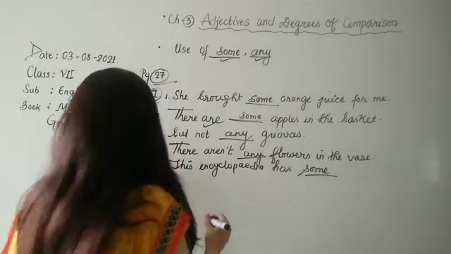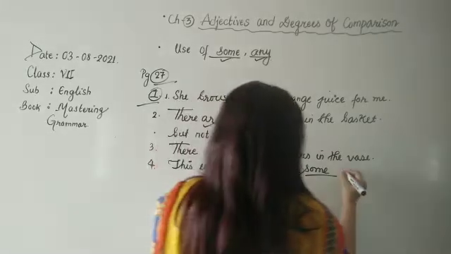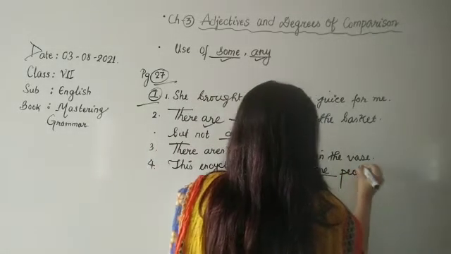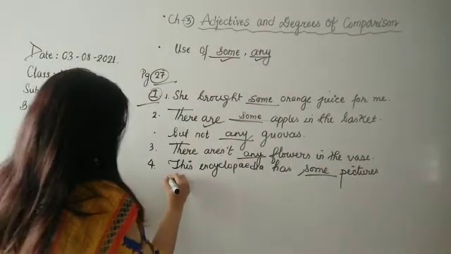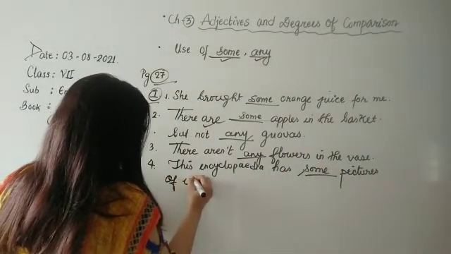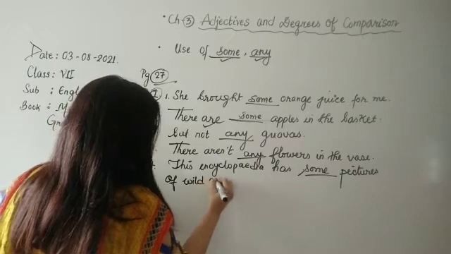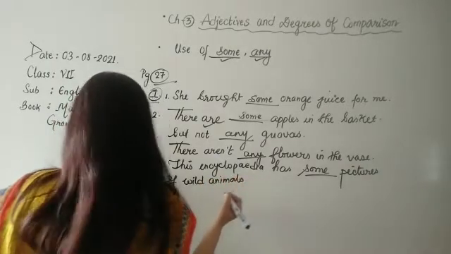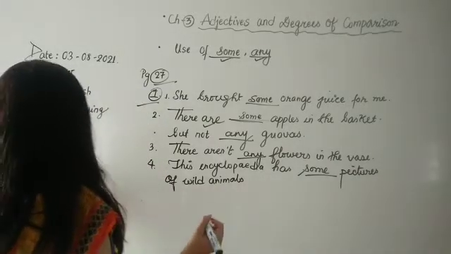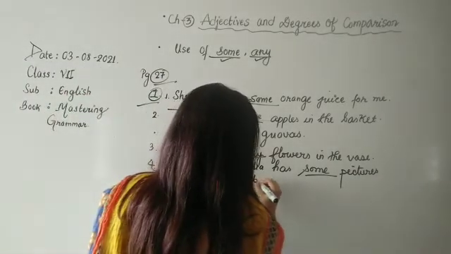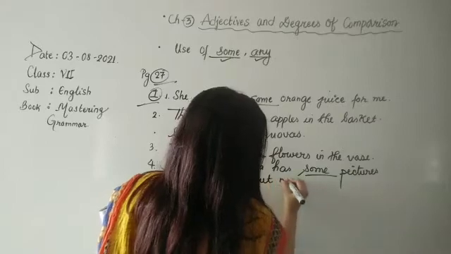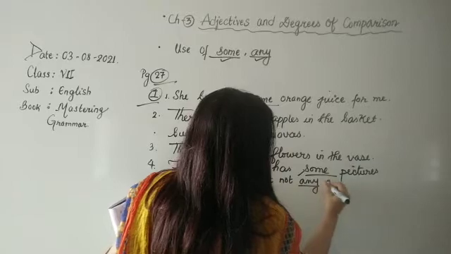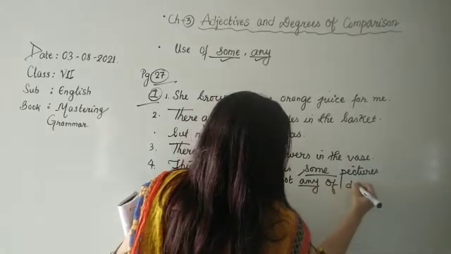This encyclopedia has some pictures of wild animals, but not any of domestic animals. The word not is again used, but not any of domestic animals.